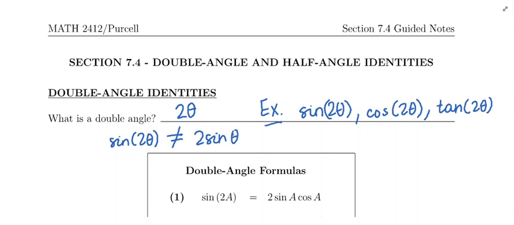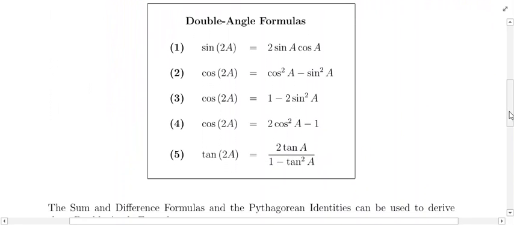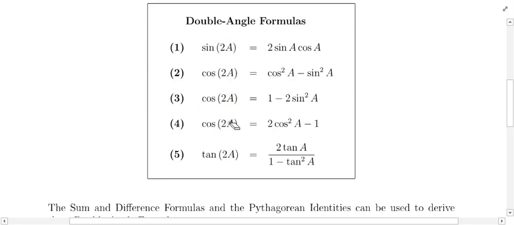The double angle formulas are listed in a box below. Here, instead of theta, I'm using A for the original angle. But notice in each of these, we are doubling the angle A. That is how you can recognize that you are working with a double angle formula.